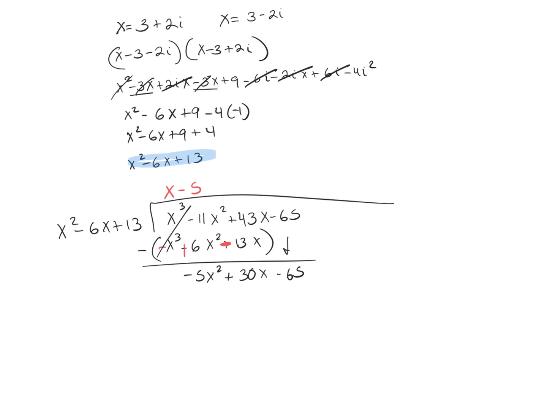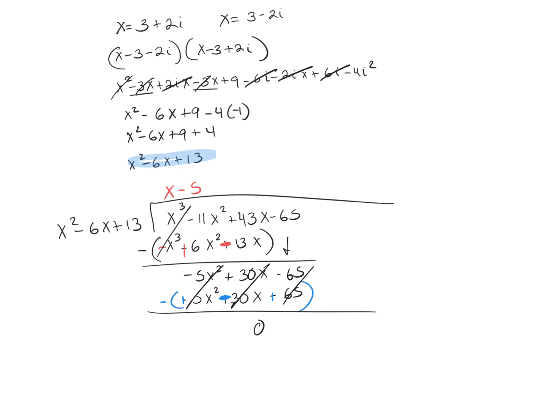So it's going to become negative 5x squared plus 30x minus 65. Again, remember, when we are subtracting, we subtract the whole thing, so we distribute that negative. This becomes positive, this one becomes negative, and this one becomes positive. So when I go ahead and add them, the first cancels, the second cancels, and the third cancels.